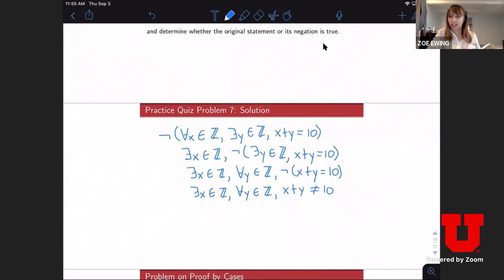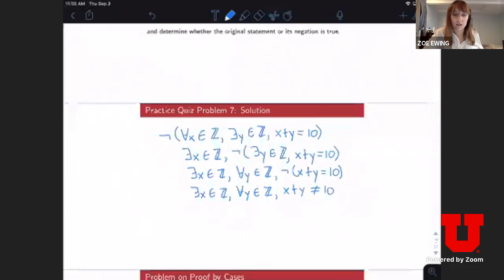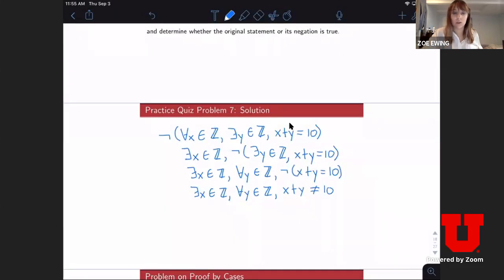Are there any guesses? Let me come back to Zoom. Are there any answers in the chat?